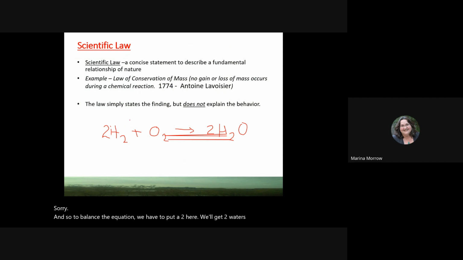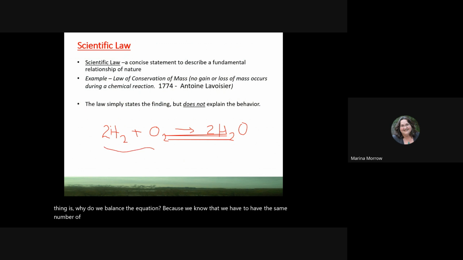And why do we balance the equation? Because we know that we have to have the same number of atoms on the reactant side as we have on the product side. So we know now that atoms are part of this, right? Over here we have 1, 2, 3, 4, 5, 6 atoms. On the right side, we have 1, 2, 3 times 2, that's 6 atoms also, right? 6 atoms and 6 atoms. So that's why there's no gain or loss of mass.